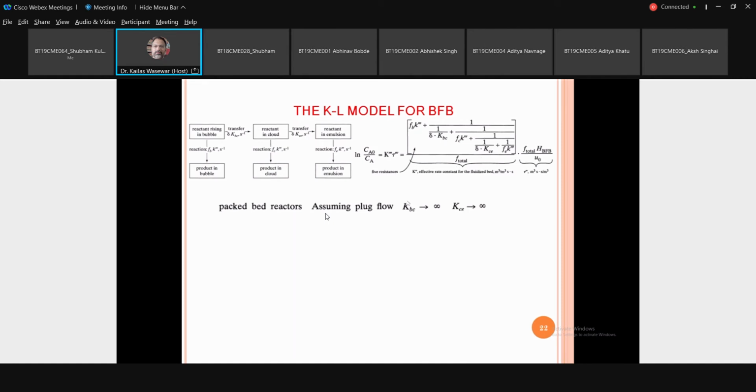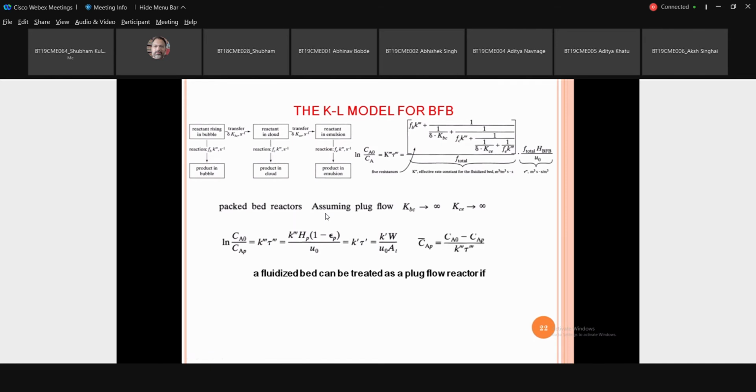So only reactions will be there, and this becomes the simplified one. So this fluidized bed can be treated as a plug flow reactor if we replace this capital K with the small k.